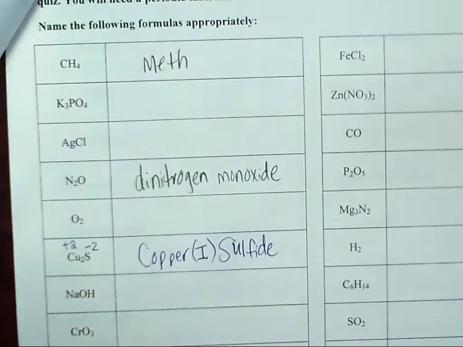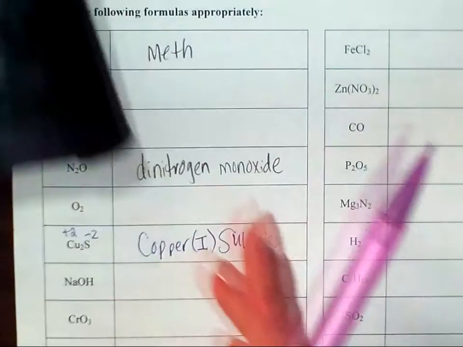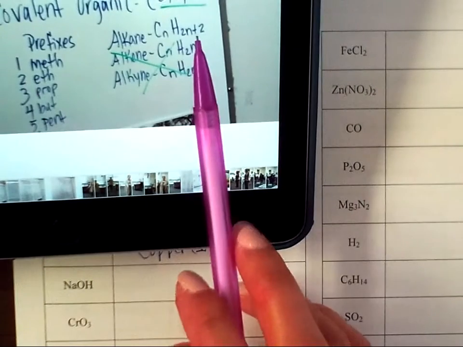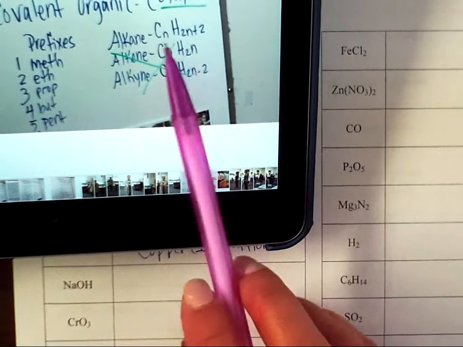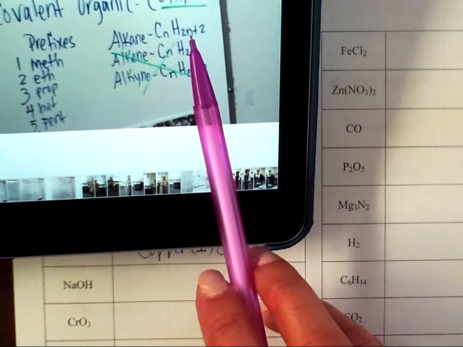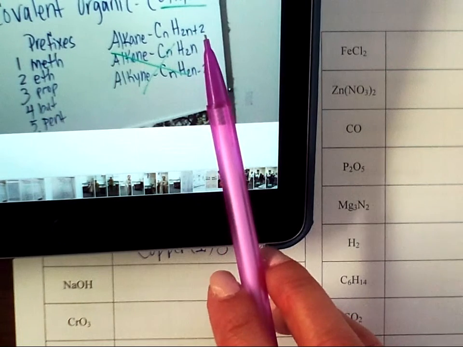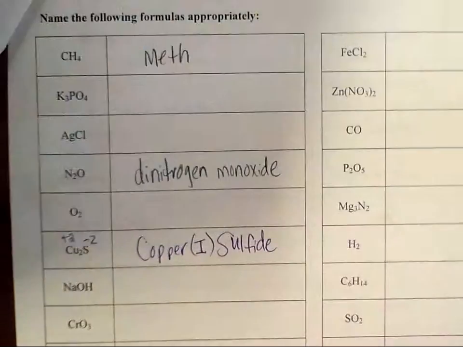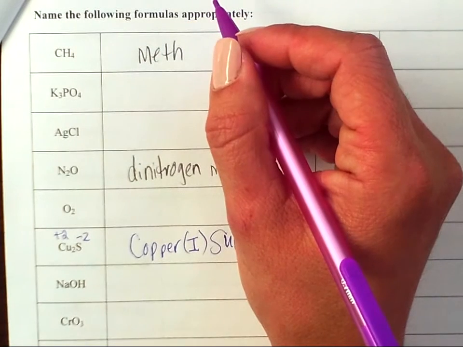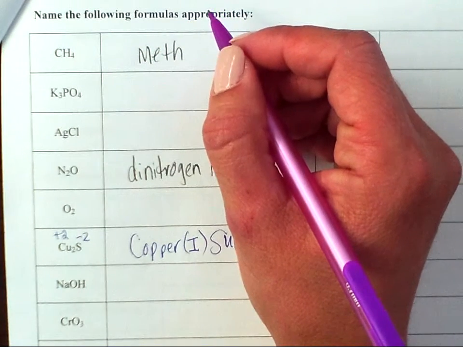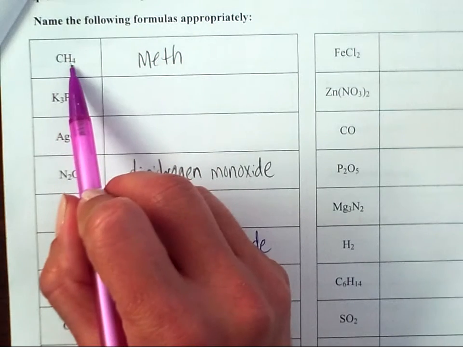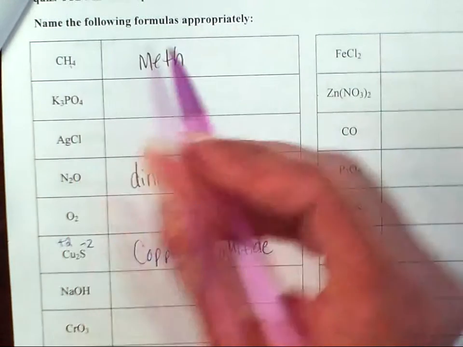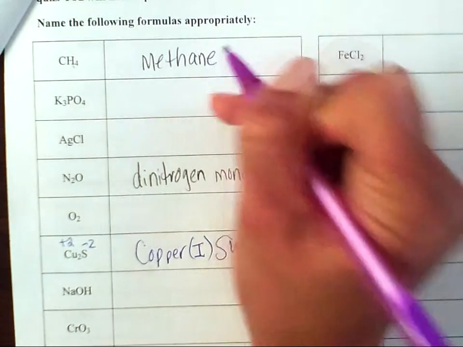And if we were to take that 1 carbon and insert it into this equation, we can see that 2 times 1 is 2, plus 2 is 4. So that means that we must have 4 hydrogens in this compound, and the ending is -ane.